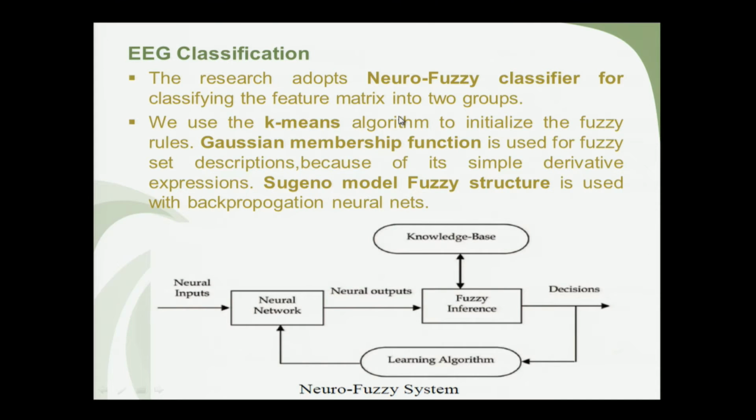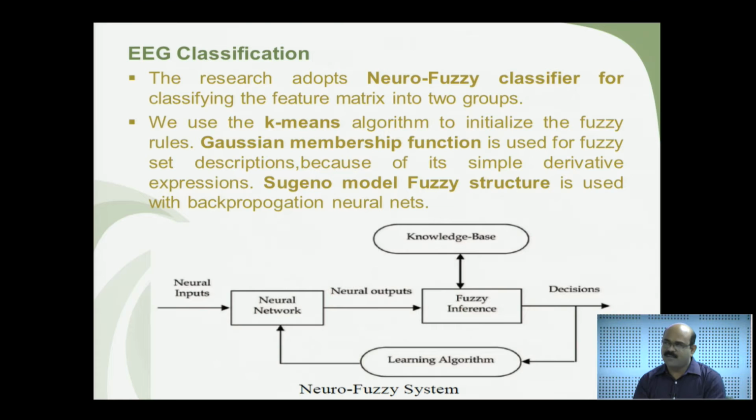Other than this, you have a couple of other classifiers which are widely used in EEG signal processing, namely SVM and k-means. We will also see one case where we used SVM as well as k-means. So, this is driven on two aspects: one is a self-learning process, and the other is a rule-based process which follows this.